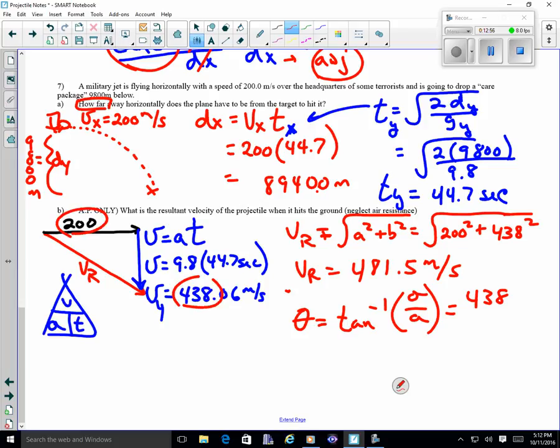So 438 divided by 200 gives you 2.19. Hold on, I've got to take the inverse tan of that answer. And that gives you 65 degrees. And that is the angle at which it will actually be coming down.